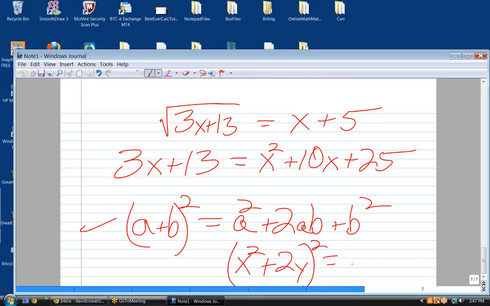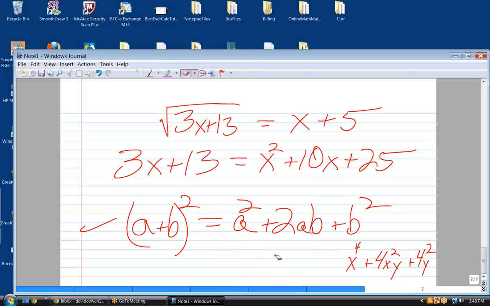So it would be, okay, x to the power of 4 plus 4x squared times y plus 4y squared. Perfect. That's what you want to be able to do, is expand the binomial square. In other words, you want to be able to square any kind of binomial term.